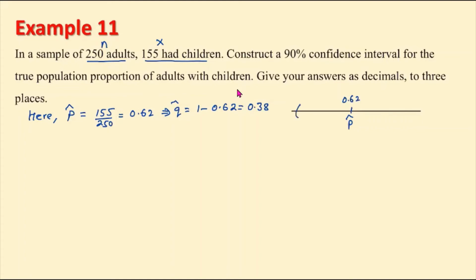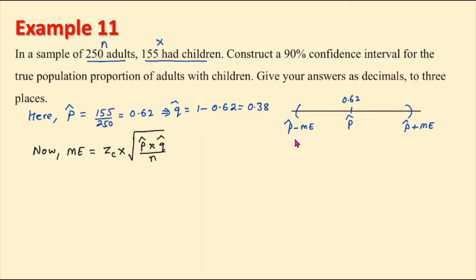To this, we subtract the margin of error to get the lower boundary, and add the margin of error to get the upper boundary. So the key is to find the margin of error. The formula to compute margin of error when the proportion is given is z sub c multiplied by the square root of p hat times q hat over n.